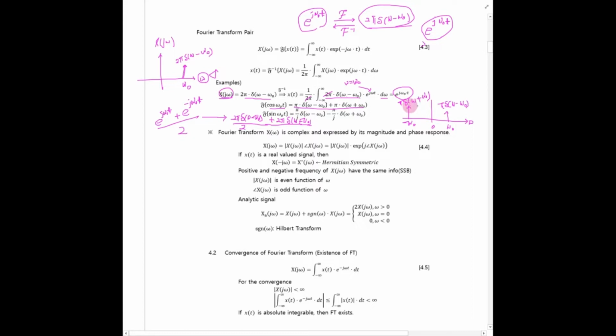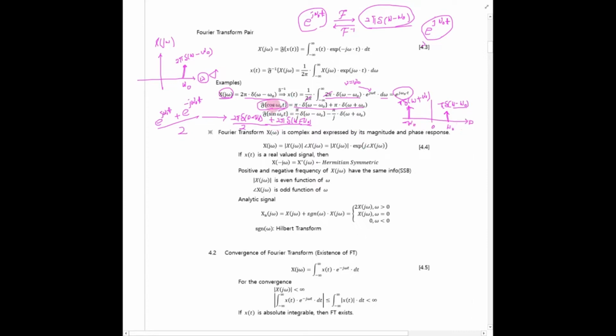You need to keep in mind that for the delta function, the argument should be 0 to have a non-zero value. So ω equals ω0 has a non-zero value, and ω equals minus ω0 has a non-zero value. So in the spectral domain, it can be expressed in this way.